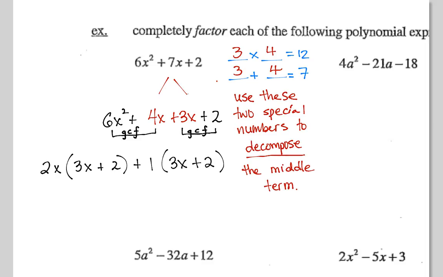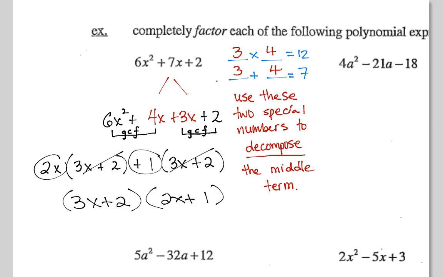Now they have a common binomial. Do you guys remember taking out the 3x plus 2 common binomial, and then you're left with 2x plus 1? So imagine dividing out the 3x plus 2, what would be left over? 2x and positive 1, which go here and here respectively.